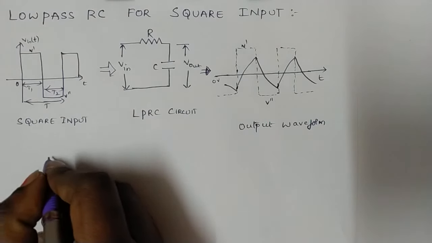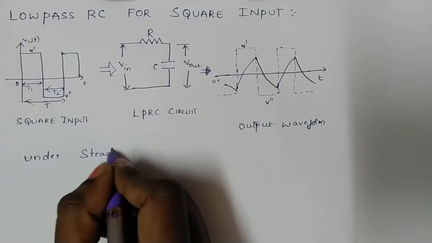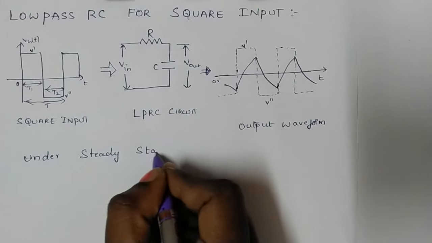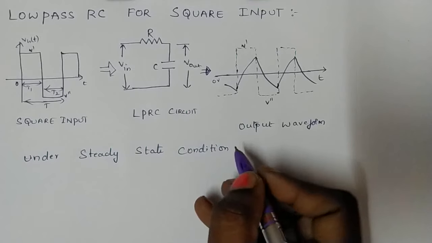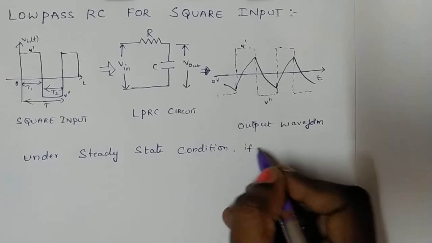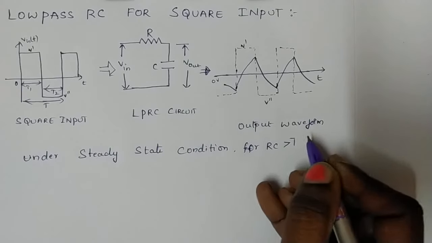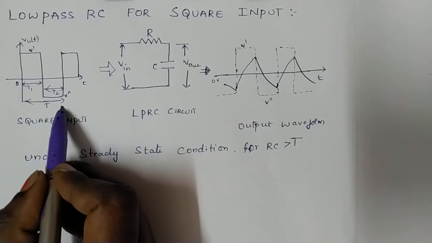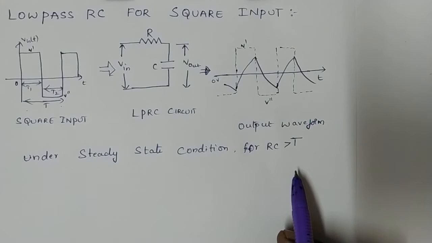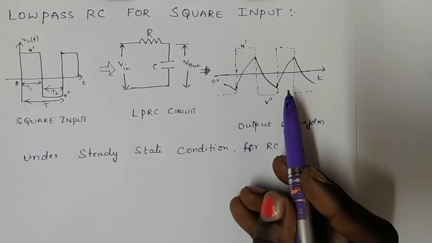Here RC is the product of the R and C components in the circuit, and T is the total time period of the input signal, T1 plus T2. The output waveform will be represented like this.